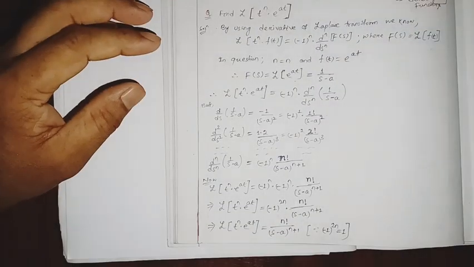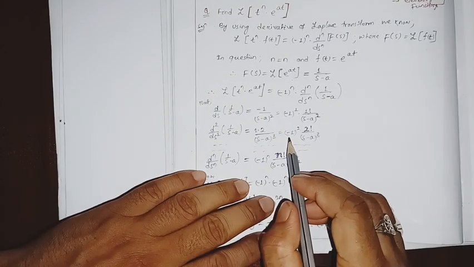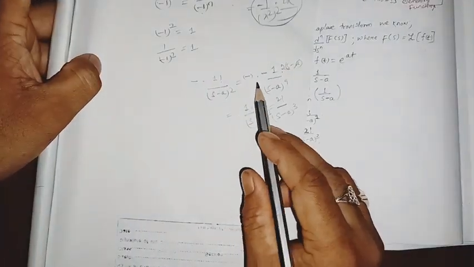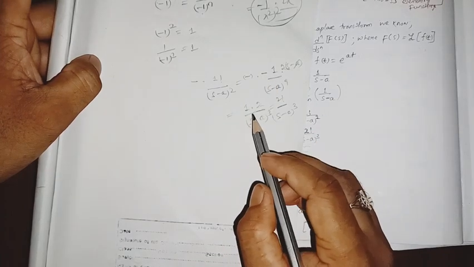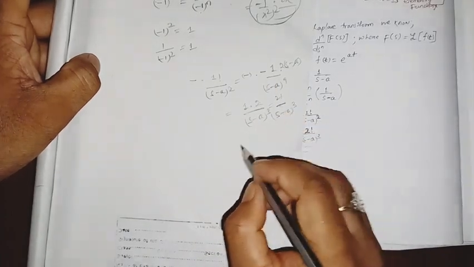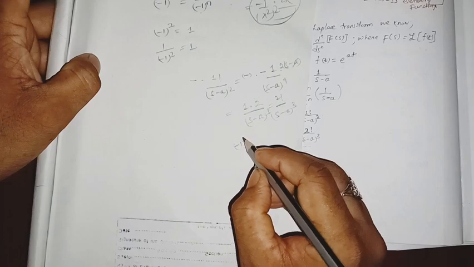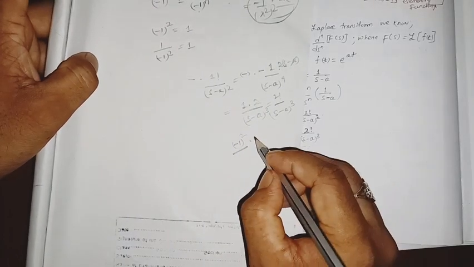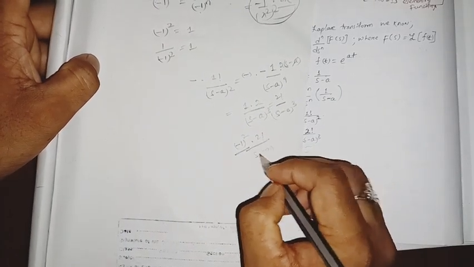Easy differentiation. The minus sign cancels out, but we can write this as minus 1 to the power 2 into 2 factorial by s minus a whole cube.